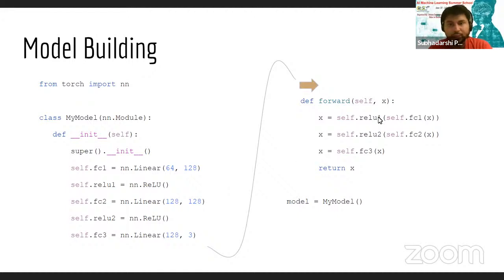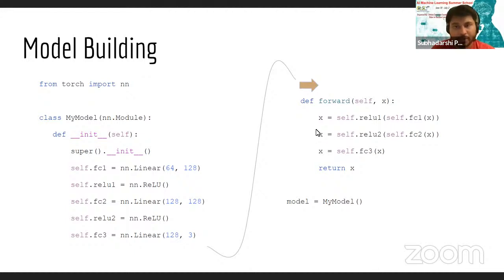So let's see what we are doing when we pass this data through the network. The data that we are passing is X here. X passes through FC1, then the ReLU layer, and we get the output. Then it passes through FC2, followed by the ReLU nonlinearity, and finally it passes through FC3.